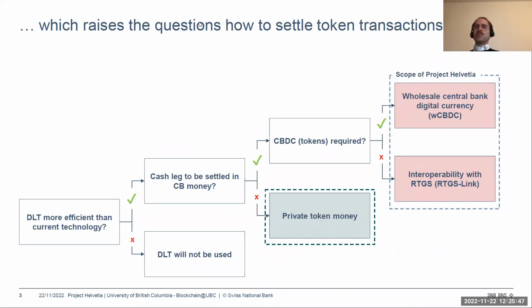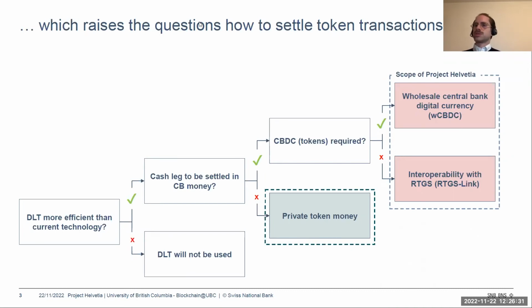But if we come to the conclusion that digital central bank money is needed, then it brings us to the question whether this could be based on the more traditional digital form of central bank money, which we have in our real-time gross settlement system, the Swiss Interbank Clearing system. We could establish interoperability between the DLT-based infrastructure and this traditional payment system.